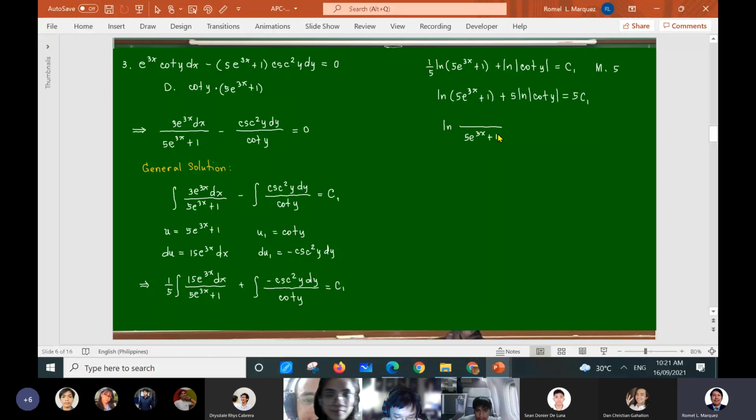Is it product or quotient, guys? Product, no? Am I right, children? Guys, 5 e to the 3x plus 1 times the absolute value of cotangent y raised to what? This coefficient becomes exponent of cotangent.